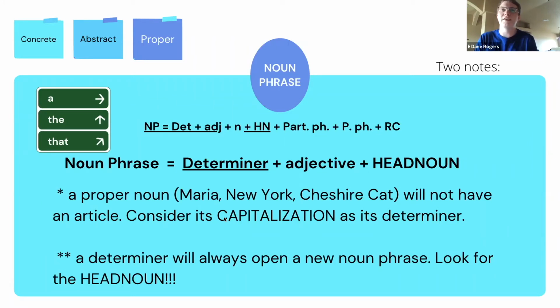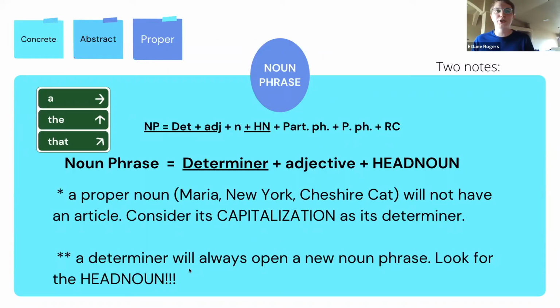So if you wanted to strip these into two pieces, what is the determiner and what is the head noun? The head noun for Maria would be the idea of Maria in lowercase. And when it's made a proper noun, now it's capitalized Maria. That's its determiner, the capital M.